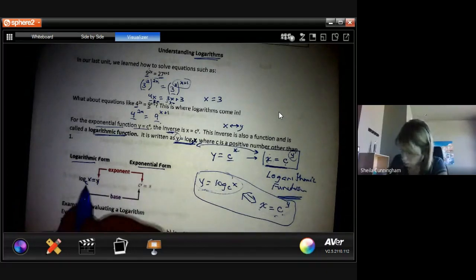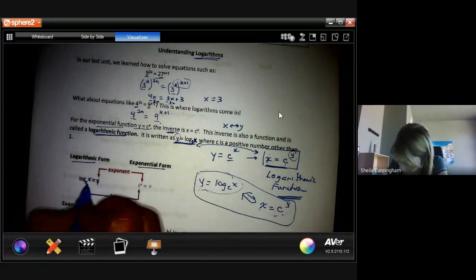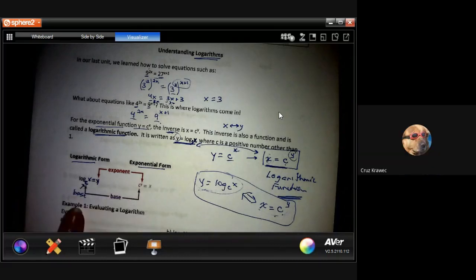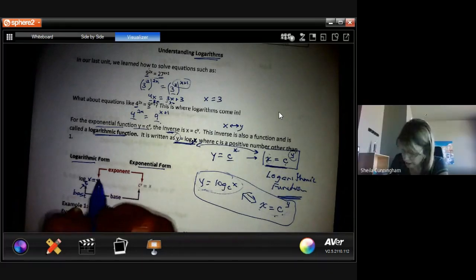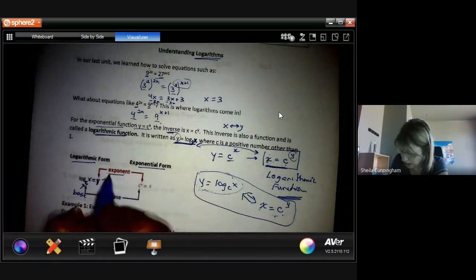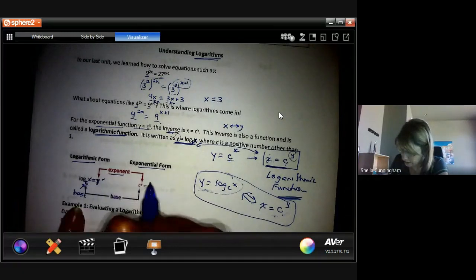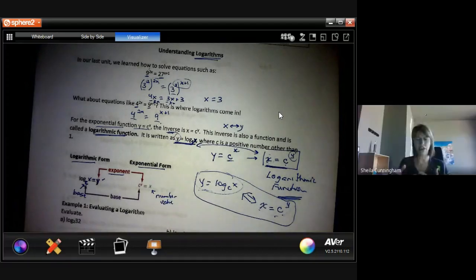When I want to convert a logarithm to an exponential form, whatever I have down here in my little subscript is still considered my base. This c down here is still considered my base. The y over here, anything on the other side of my logarithm, is considered my exponent. And then this value, x, is just considered a number. It's the value of what it equals.